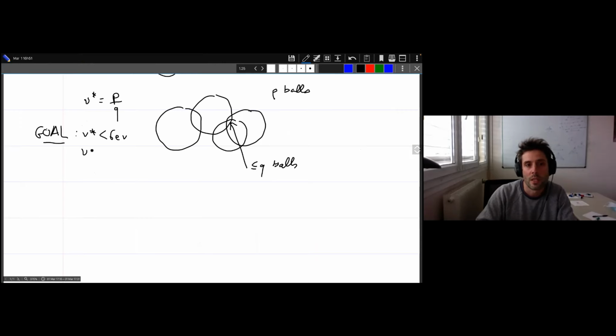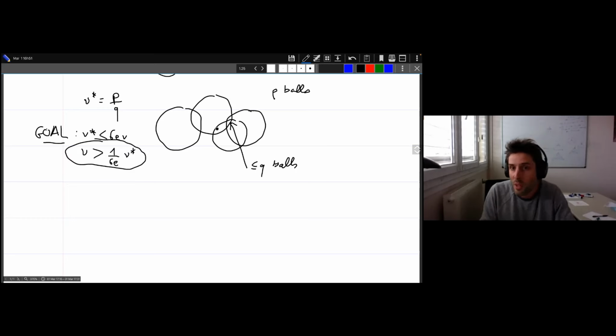If I rewrite it, I want to prove that nu is quite large, 1 over 6e times nu star. Okay, this is really what we want to show. So we have a large fractional packing, and we want to extract a large packing. This is exactly what we want to prove. And the way we're going to do that is by defining H as the intersection graph of the balls.